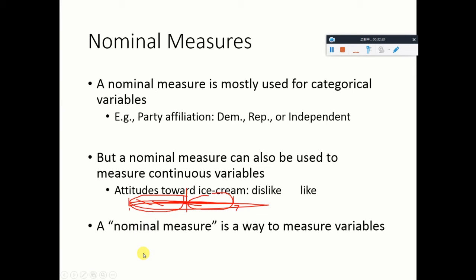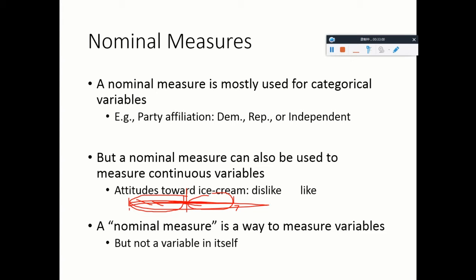So in the end, we should bear in mind this distinction that I repeatedly try to emphasize. That is, when we say we're handling a nominal measure, then we're talking about a process, a procedure, right? A way to measure variables. We should not confuse a measure with a variable, at least for the purpose of this class.